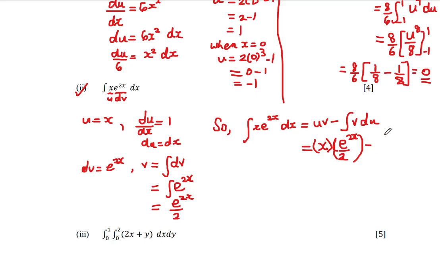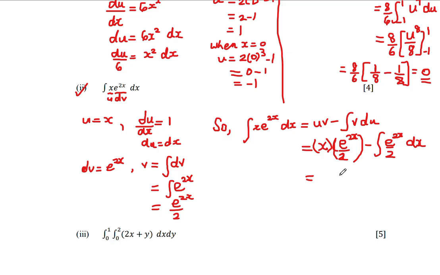Take away the integral of v, which again is e raised to the power of 2x upon 2, du. And we know that du is equal to dx. So I'm just going to place dx here because du is equal to dx, and we will carry out this integral with respect to x.